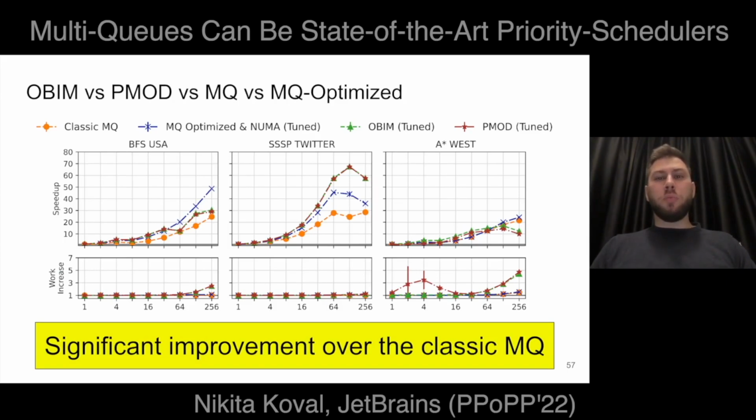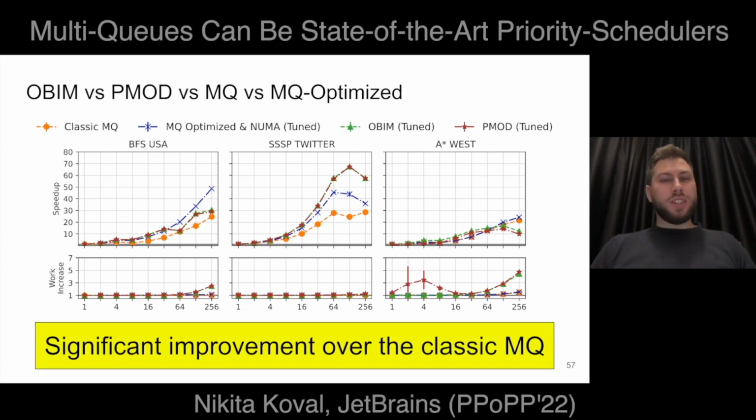So the MQ optimized and NUMA version is the version that is tuned so that all the parameters, the stealing probability, the buffer size are tuned, and we choose either the task batching or the temporal locality optimization for insertions, and separately for deletions we choose the best version.